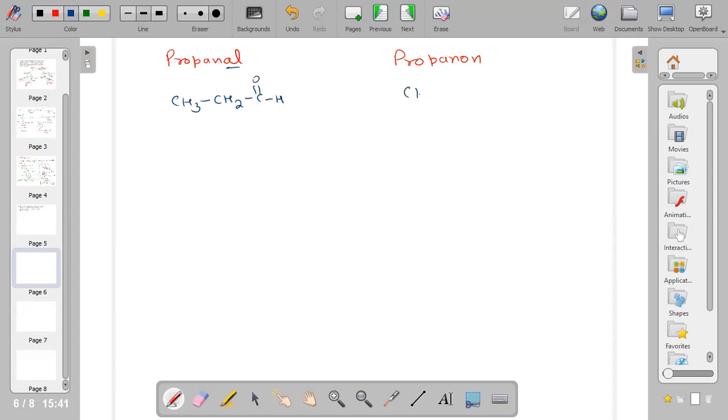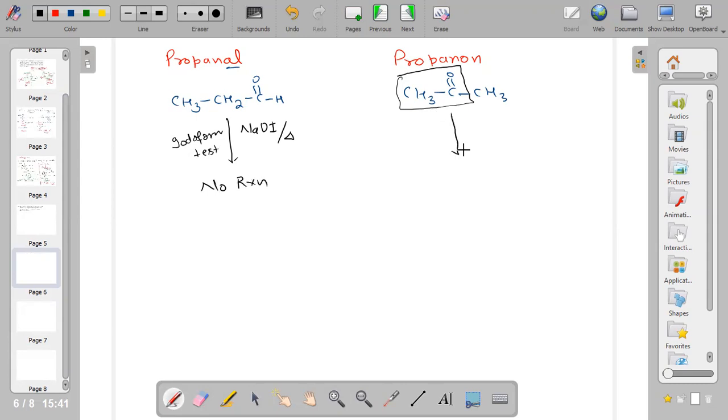Propanone means ketone, CH3COCH3. How will you distinguish? If the C=O CH3 group is present, it will give the iodoform test, but propanal will not because it does not have it. So simply write iodoform test: NaOI and heat, and write no reaction.